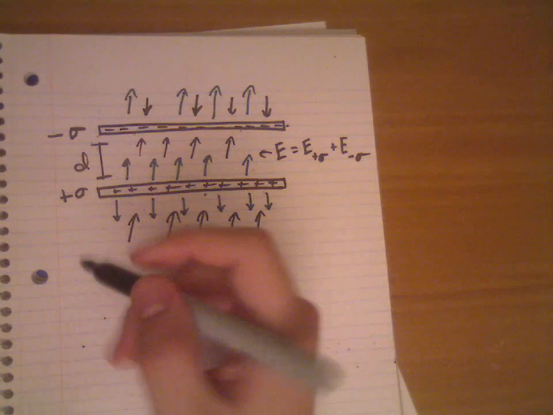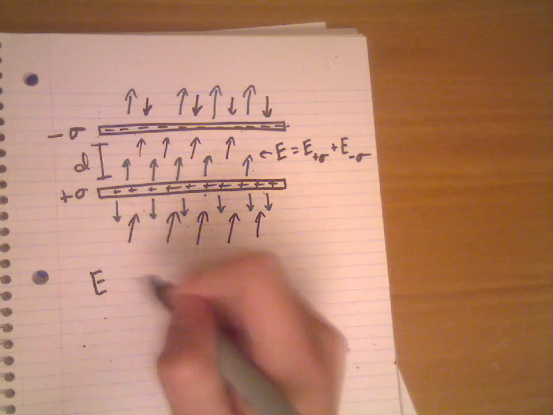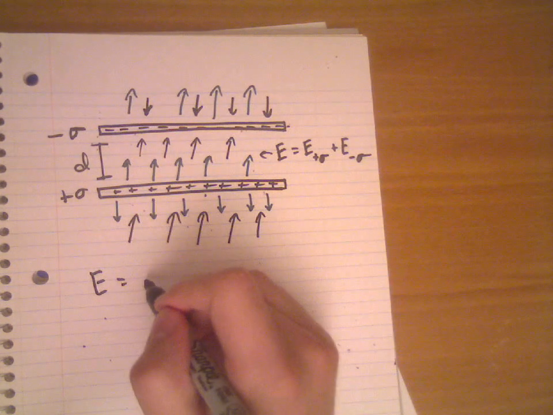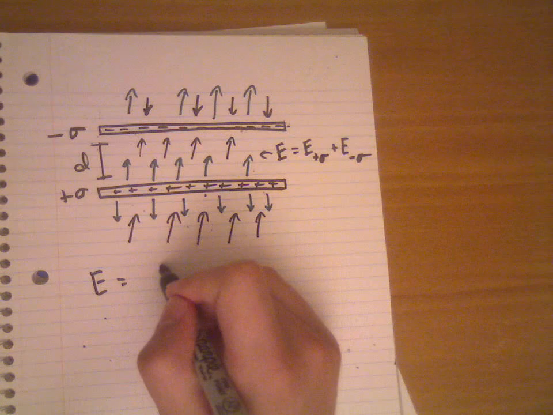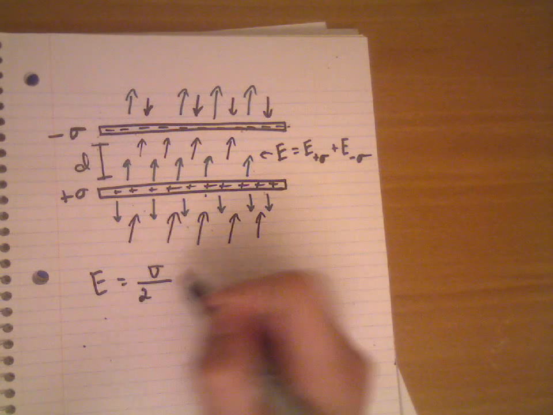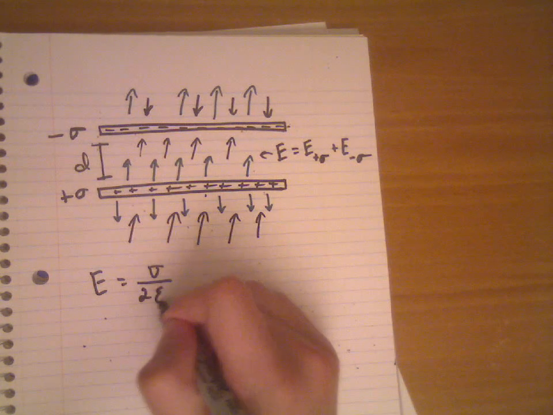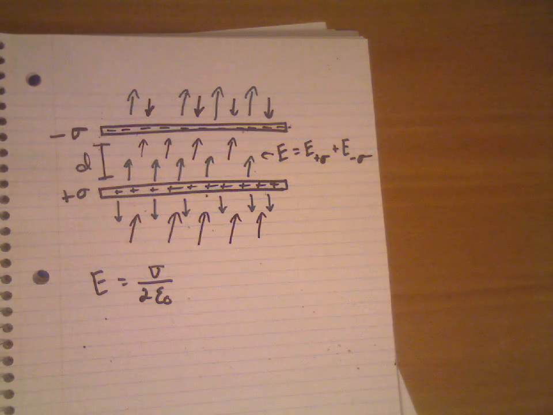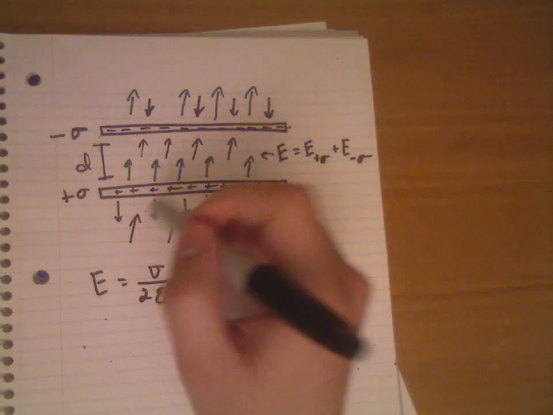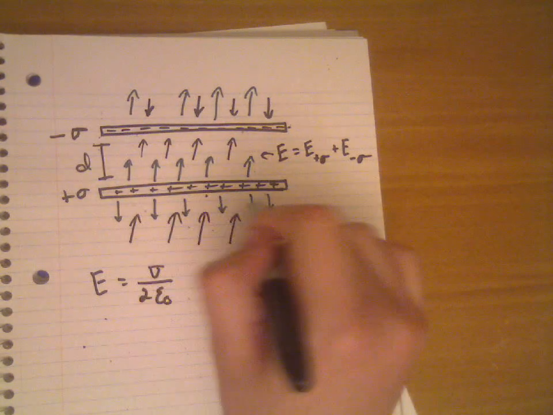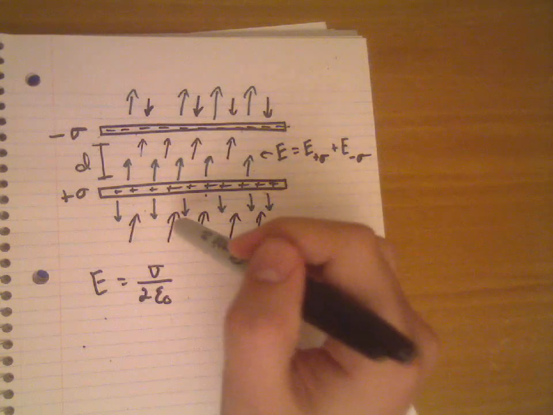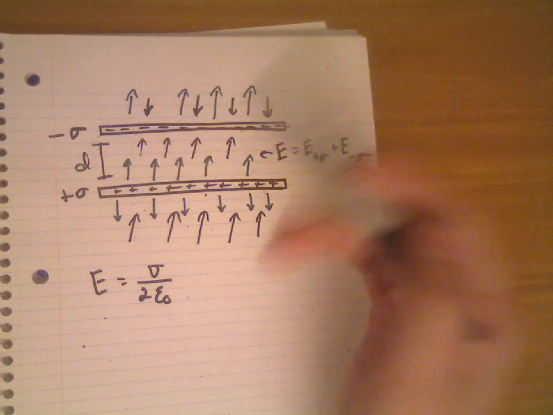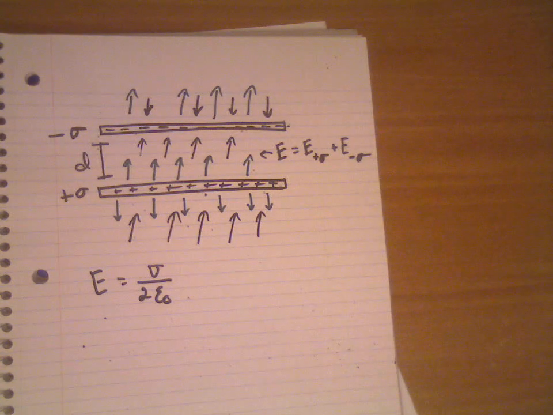Well, if you recall from the last video, we found that the electric field of an infinitely large sheet is given by the charge distribution divided by 2 epsilon naught. So it is not dependent on the distance away from the sheet. So the electric field is constant here, here, and here. Here, here, here. It's constant for both of these sheets.